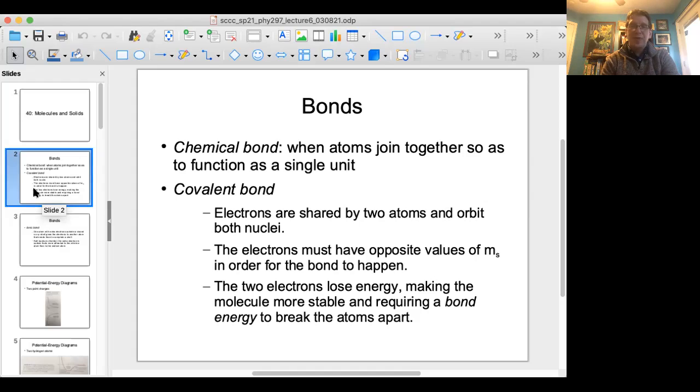These are examples of covalent bonds where the electrons are shared between two atoms and orbit both nuclei. And so those electrons work in pairs. And the electron pairs must have opposite values of m sub s. And so the two electrons lose energy, making the molecule more stable and requiring a bond energy to break the atoms apart.